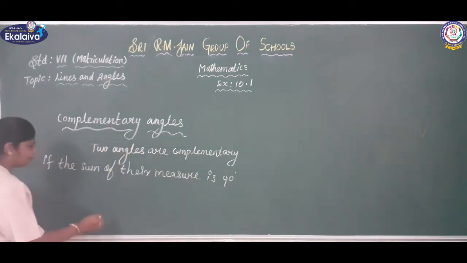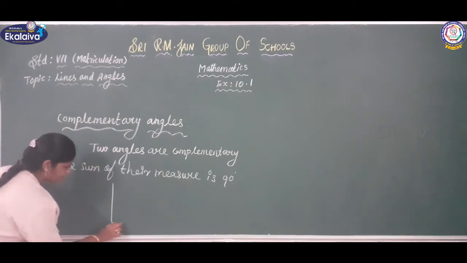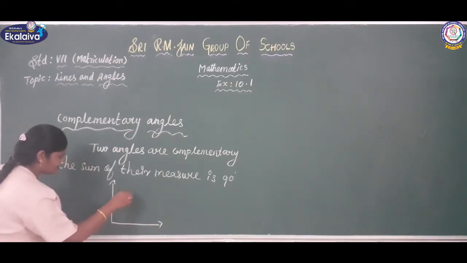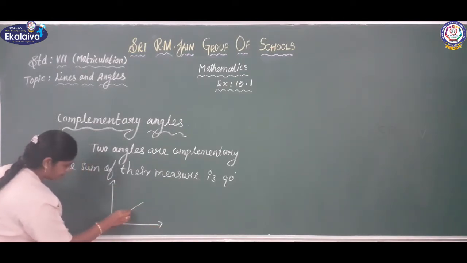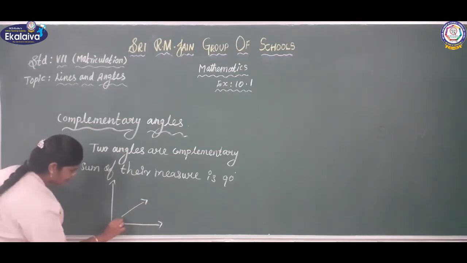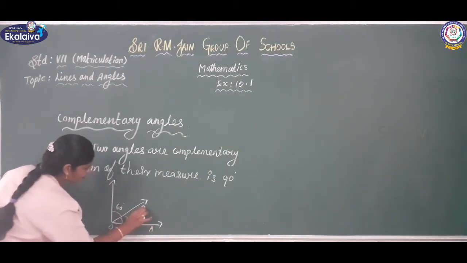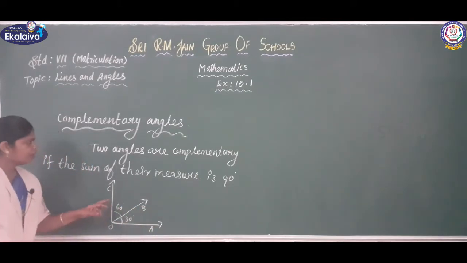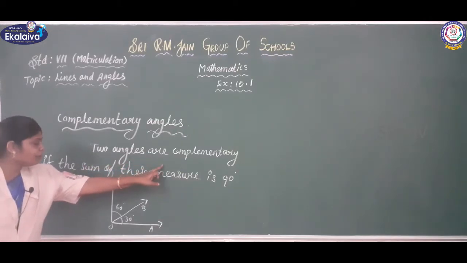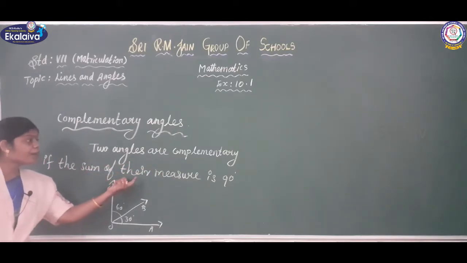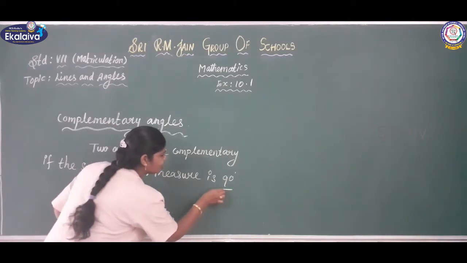See the example. This is 30 degrees and this one is 60 degrees. Two angles are complementary if the sum of their measures is 90 degrees.